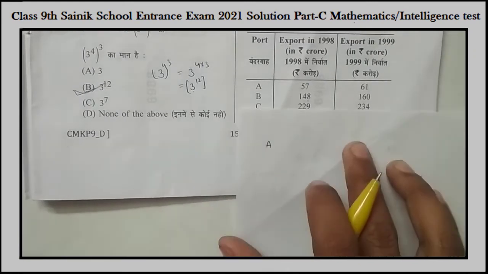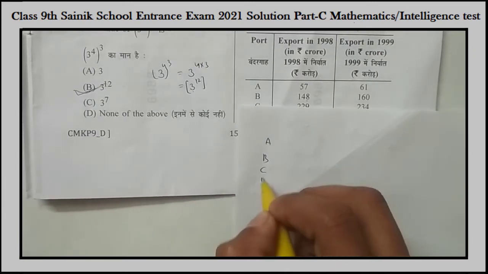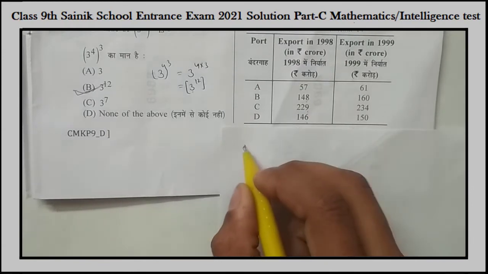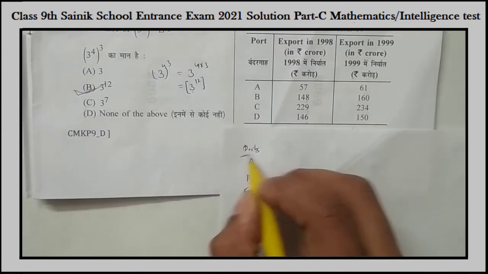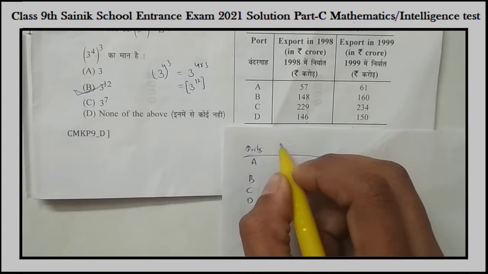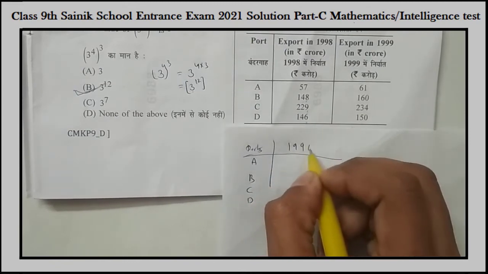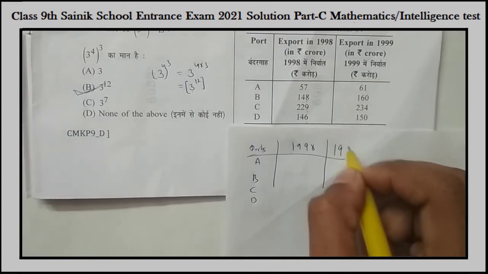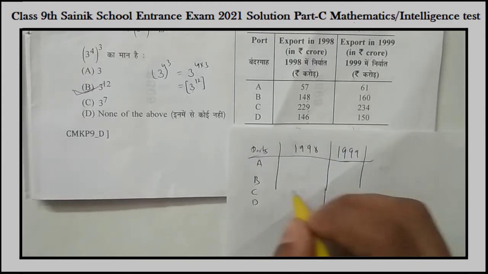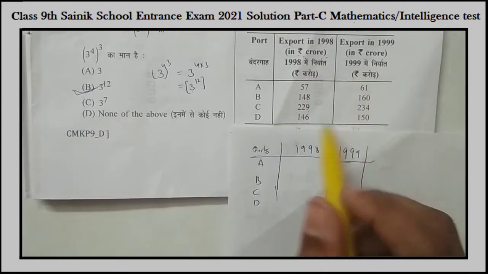A, B, C, D. These are the ports, and this is the export in 1998 and the export in 1999 in crores.